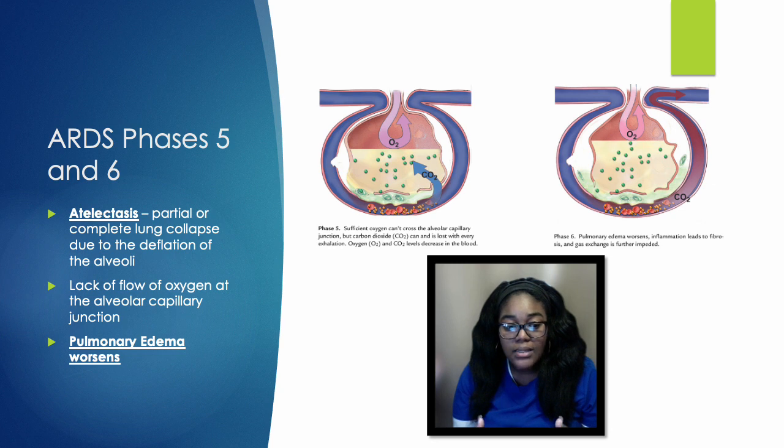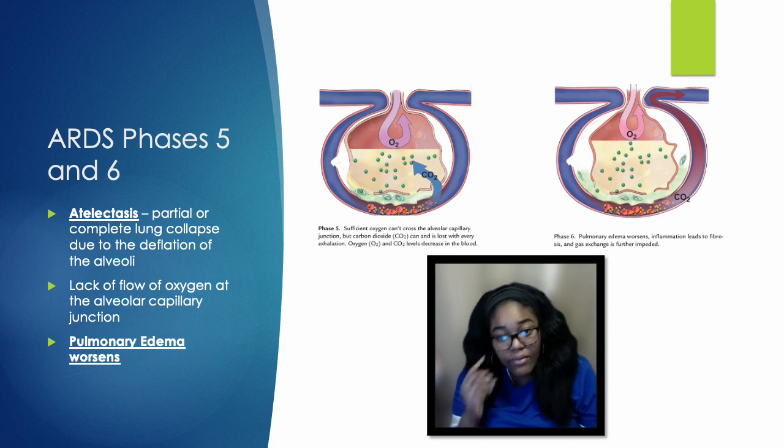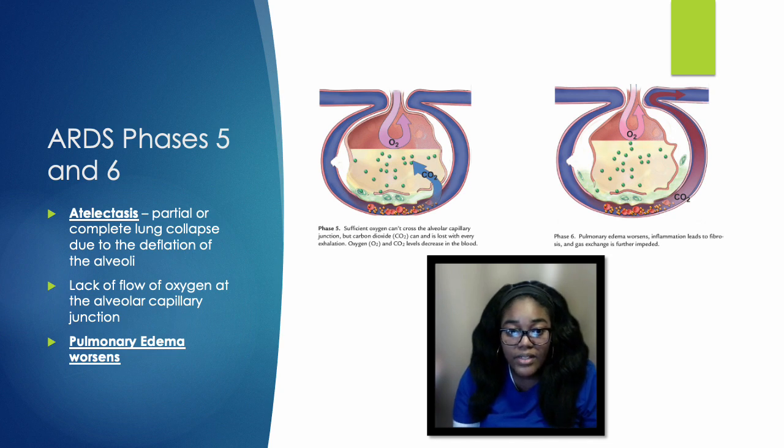So we see something called atelectasis, and this is where we see the collapse of the lobe of a lung or wherever the area is affected. And again, those air sacs, the alveoli, they have deflated, so we don't have that area of expansion that we need in order for oxygen and CO2 exchange to occur.